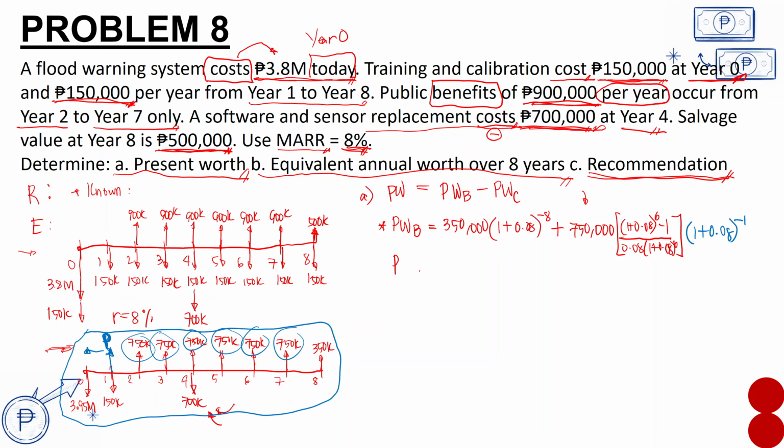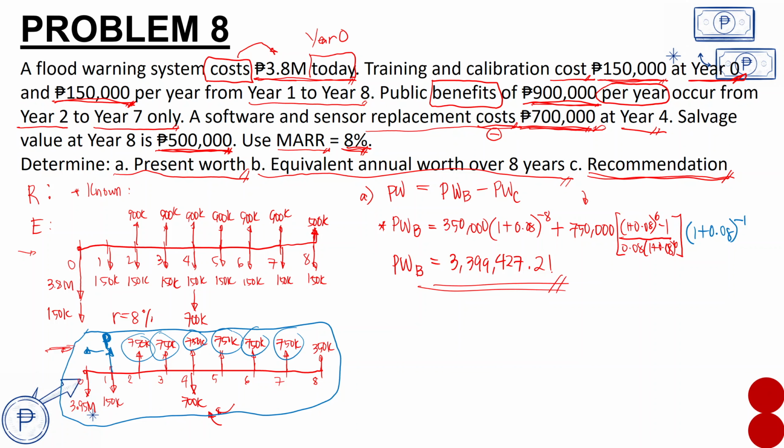So our overall present worth of the benefit is then equal to 3,399,427.21.